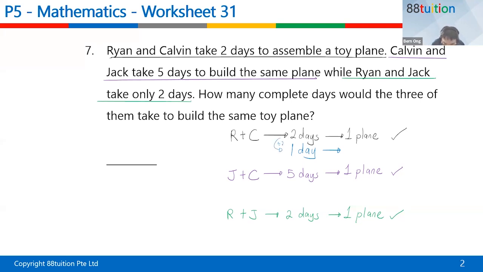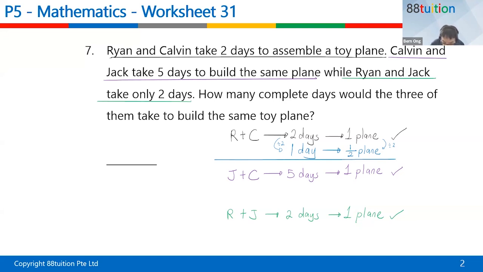Divide by 2, right? Down here, you also must do the same, divide by 2. Understand or not? So in 1 day, they only can complete half the plane. Are you okay with this blue statement? You must be okay with this blue statement. 2 days to assemble one plane. In 1 day, they can assemble half the plane, if Ryan and Kelvin combine power.